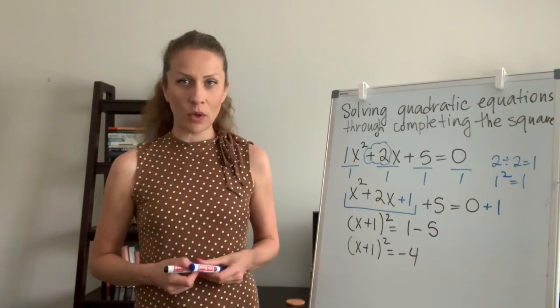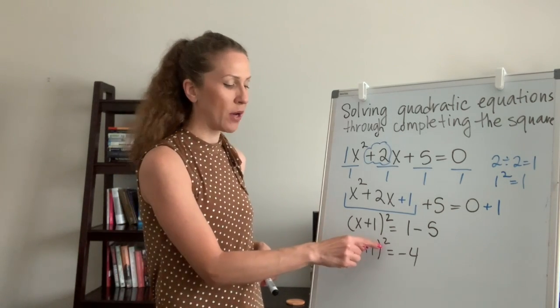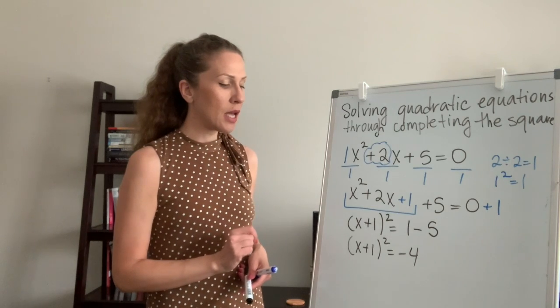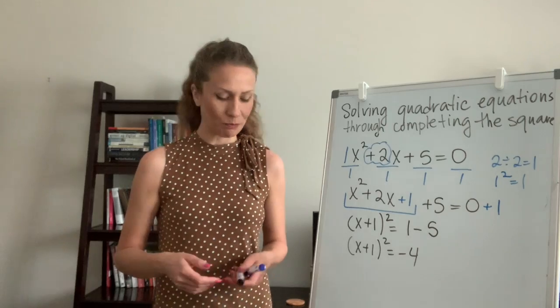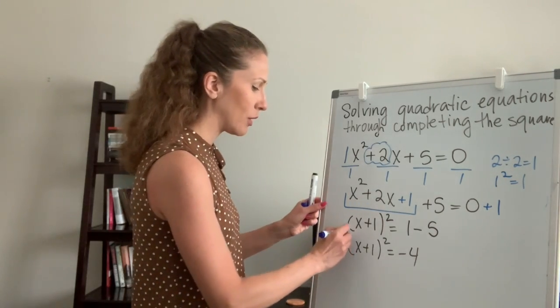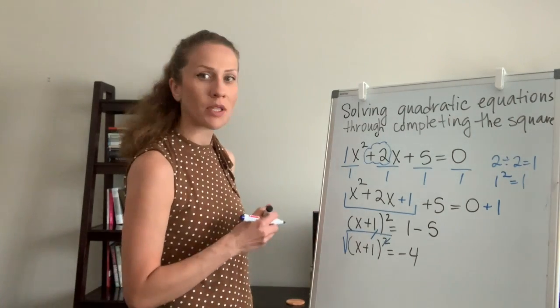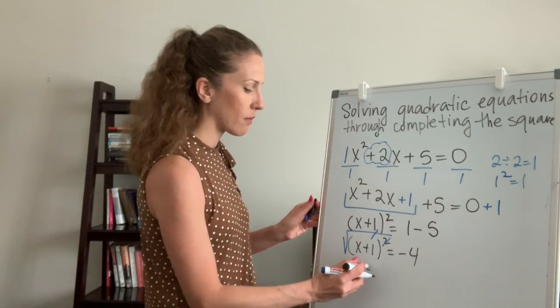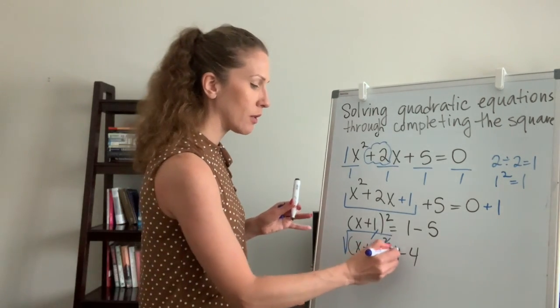To solve this equation, you need to remove the square, remove the power of 2. And to remove the power of 2, we need to do the square root. So if you square root the power of 2, the square root and the power will cancel each other out, leaving you with x plus 1 only. On the right side, you also have to square root.